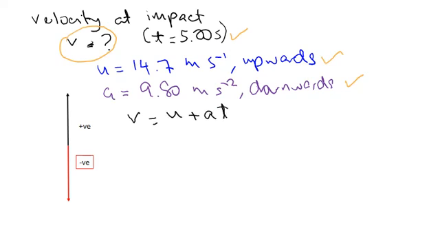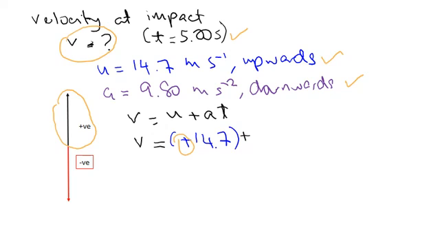Let us substitute what we have. v, something that we need to calculate, is equal to u, 14.7 meters per second upwards, so it will be plus 14.7 meters per second. The reason I've written a plus sign here is because you should recall our convention: I'm taking upwards as positive. So any vector quantity that is directed upwards must have a positive sign in front of the value.